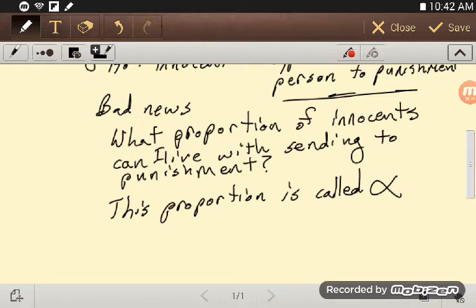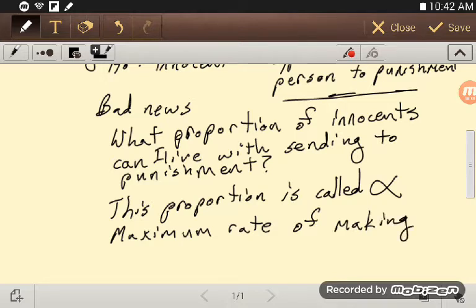Okay, so that proportion is called alpha. It is our maximum rate of making type 1 errors.